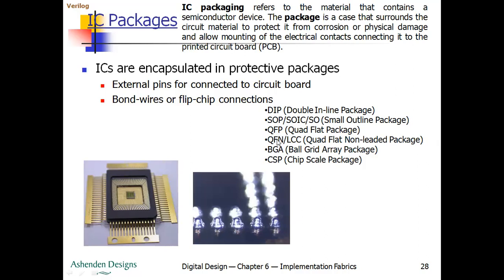IC packaging simply refers to the material that contains a semiconductor device. The actual implementation of the IC on the silicon chip is housed in a material that contains the actual semiconductor device or design, and this is called a package.